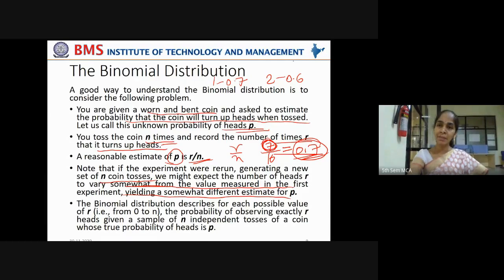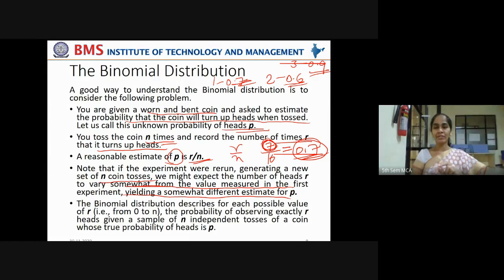I performed the same 10 coin toss experiment a third time and observed 9 heads, so the probability associated with the number of heads is 0.9. Now what did you observe here? Each experiment's outcome is different, it is not always the same. First it is 0.7, next it is 0.6, next it is 0.9.